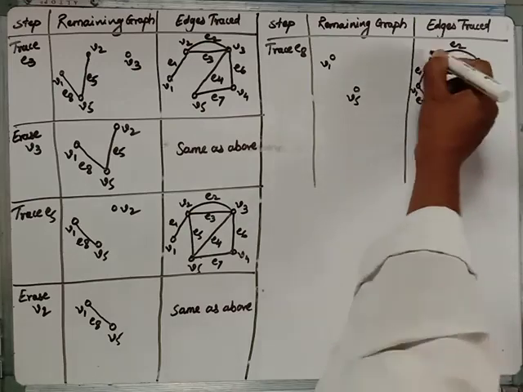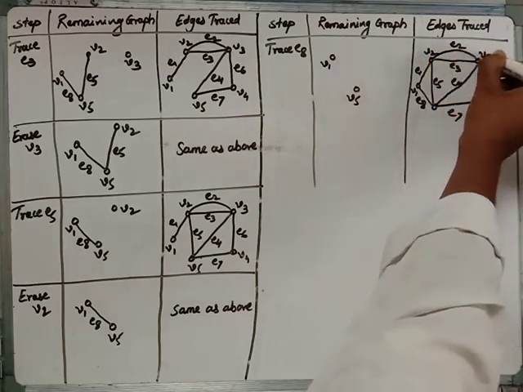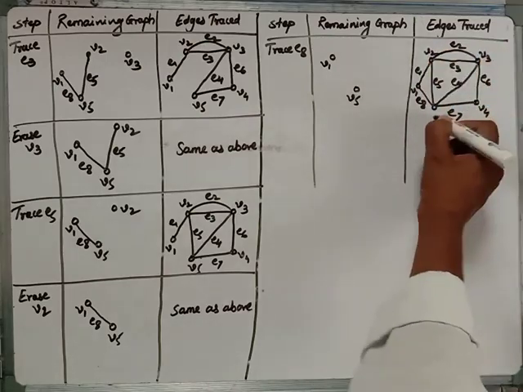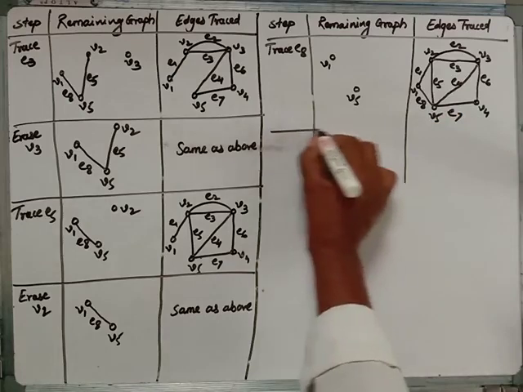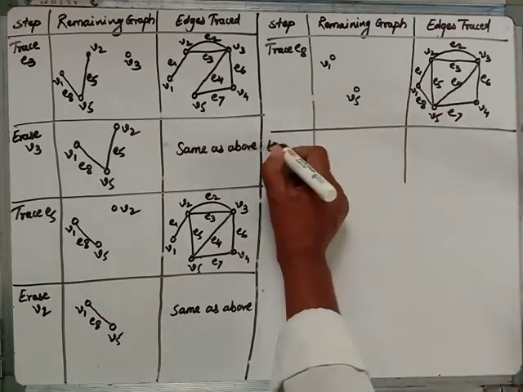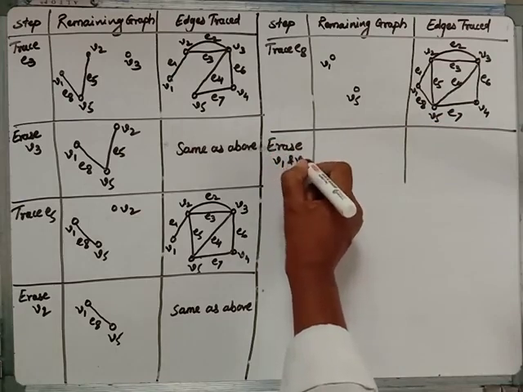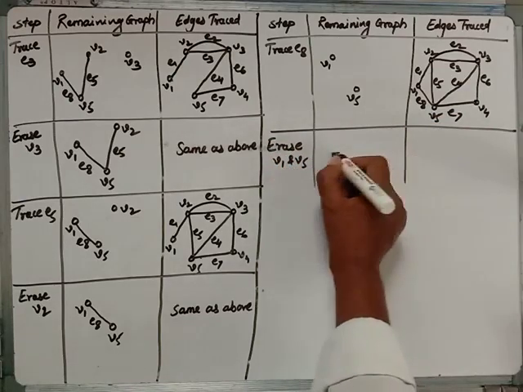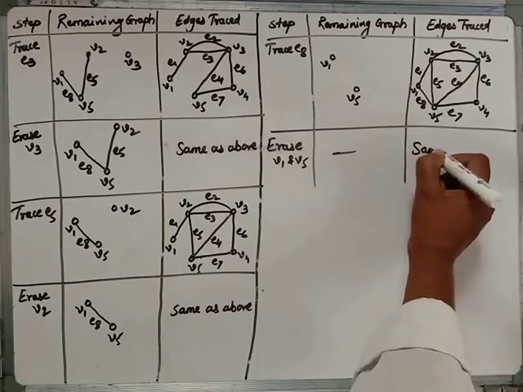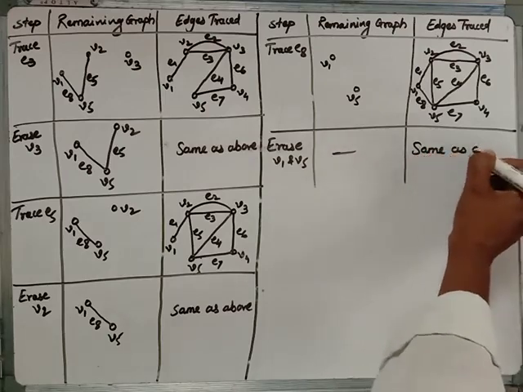You know the vertices. At last erase V1 and V5, so nothing is left here.